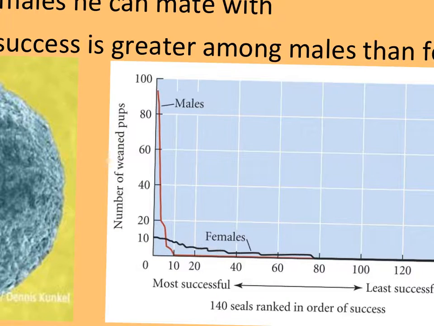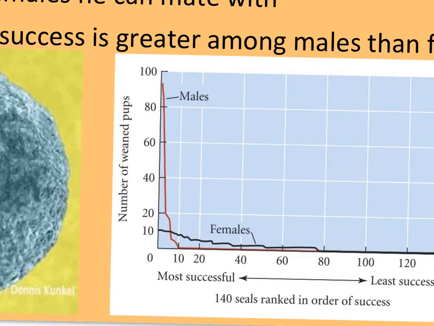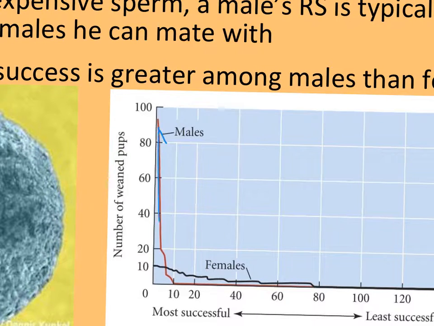And you can see that most females have a smaller number of eggs, but some actually have larger numbers of eggs, but the number of those individuals is smaller. But if you look at males, most males are losers. In other words, all these males up here, they're not getting any. It's only these few males that are inseminating all the females.